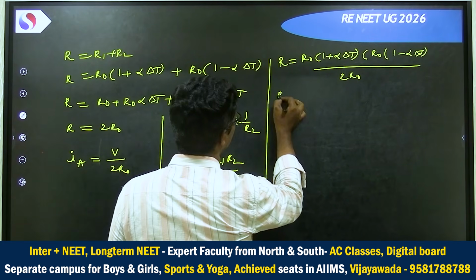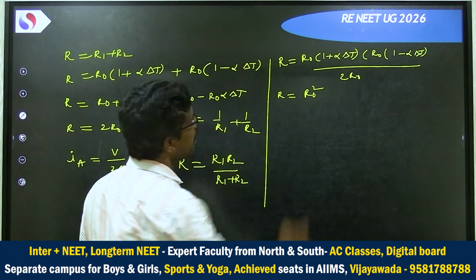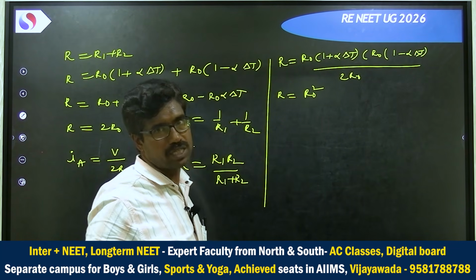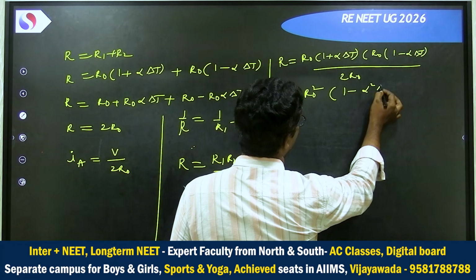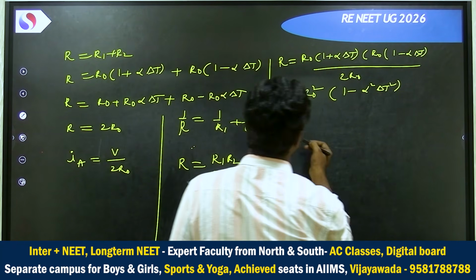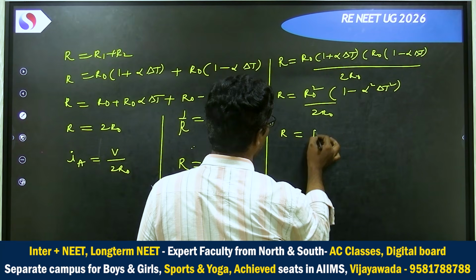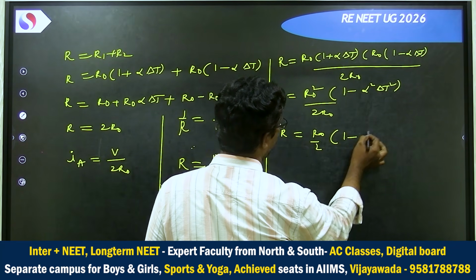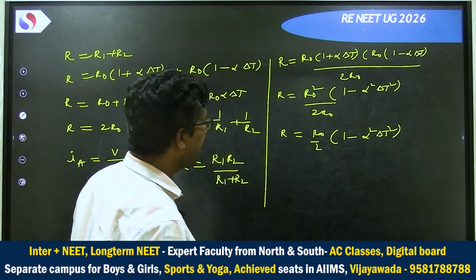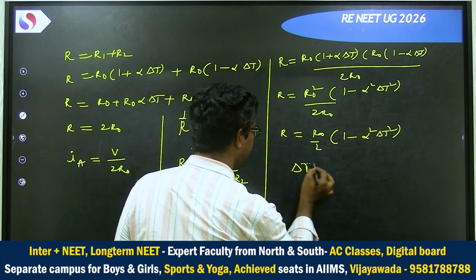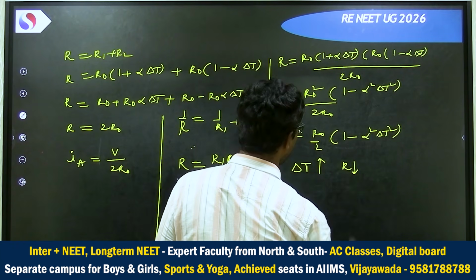Here the numerator is R0 squared times A plus B into A minus B, that is A squared minus B squared, which gives 1 minus alpha squared delta T squared, divided by 2 R0. So R is equal to R0 by 2 into 1 minus alpha squared delta T squared. Here, as the temperature difference delta T increases, the resistance decreases.